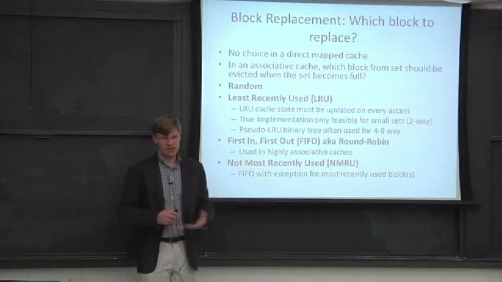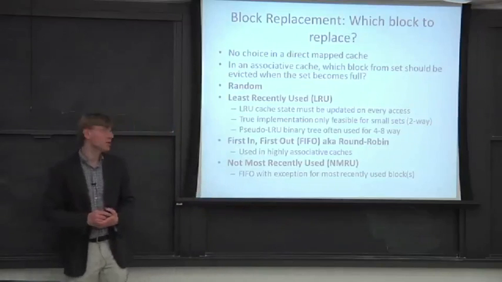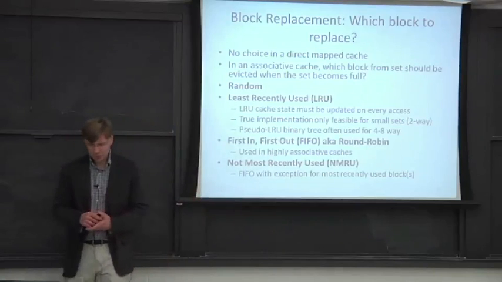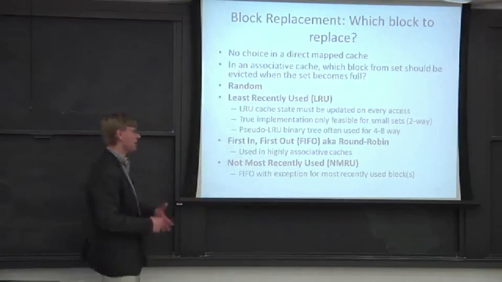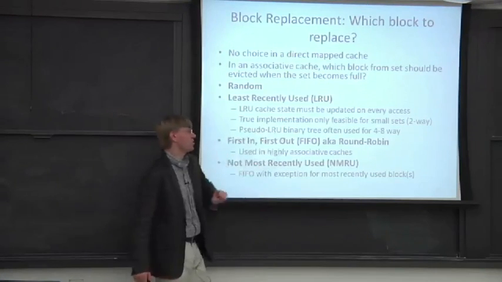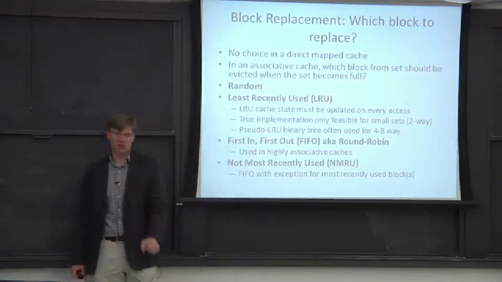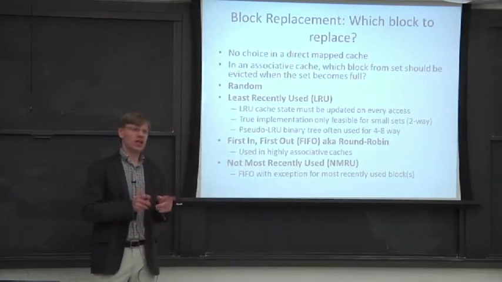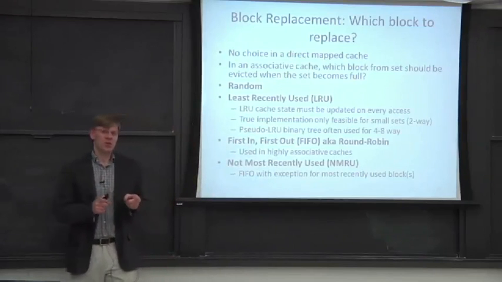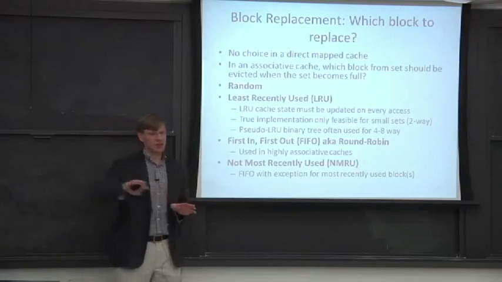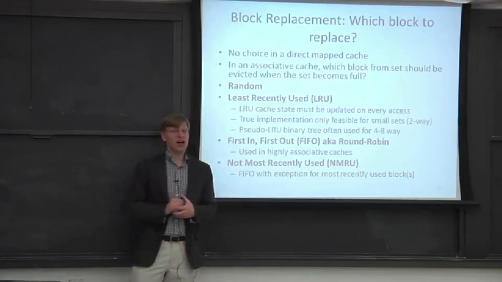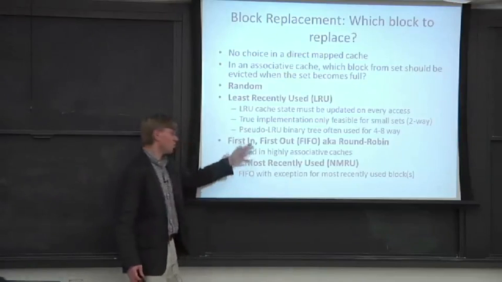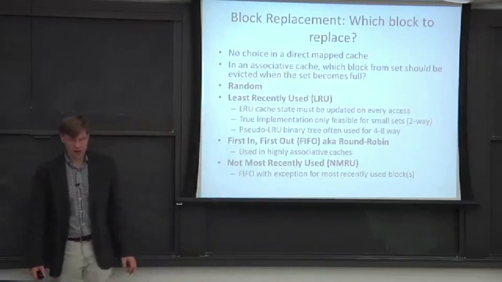And these things start to get harder to do in hardware, and especially on the critical path of your processor. So a lot of times what people do is they have pseudo least recently used for higher associative caches, where you'll try to keep maybe accurate information on the last two most recently used lines, and for the other ones you do random or something like that. Or there's some more complex things which we'll talk about later in the class.